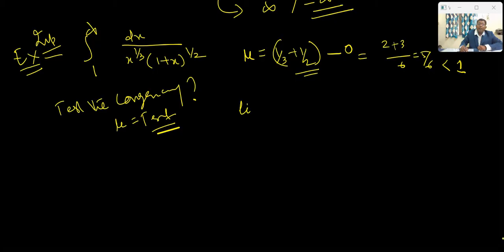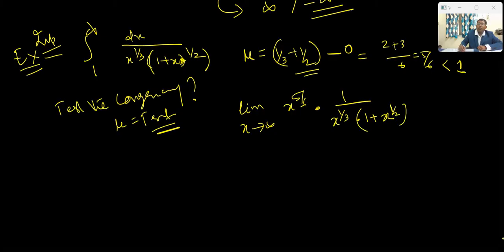So we now apply the limit x tends to infinity of x to the power 5 by 6 into the given function f(x), 1 by x to the power 1 by 3 into 1 plus x to the power half.